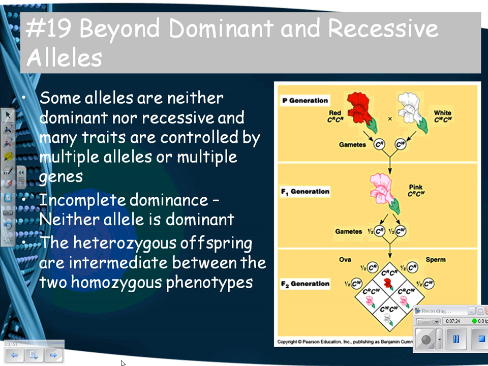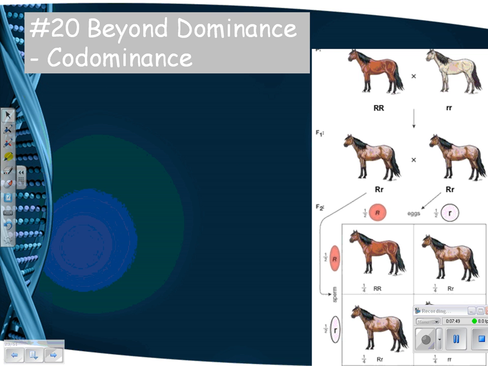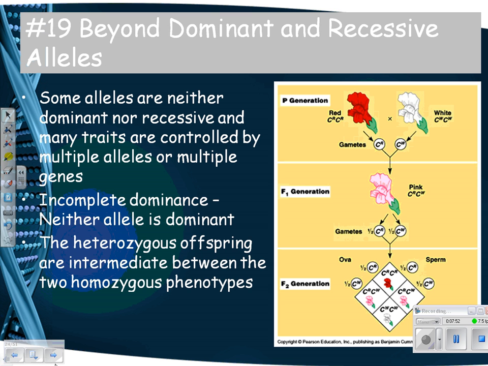So the heterozygous offspring are intermediate between the two homozygous phenotypes. Heterozygous, meaning that they have one of each of the alleles, are intermediate between the two homozygous phenotypes. So, okay, 20.